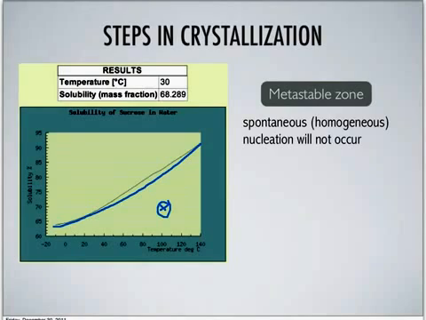If we put any seed crystal here, it will just dissolve without growing. Whereas any point above this line is in the supersaturated state, and crystallization is thermodynamically, or theoretically, possible.